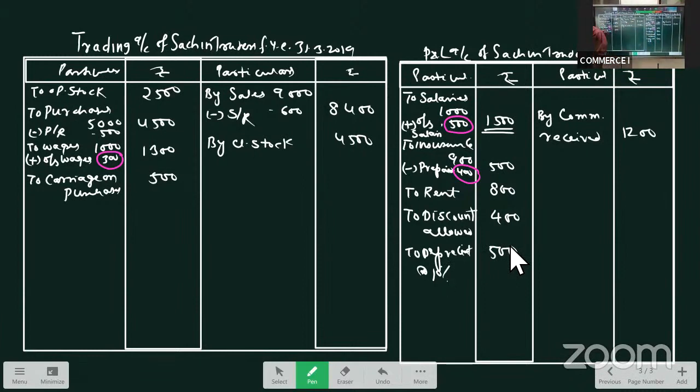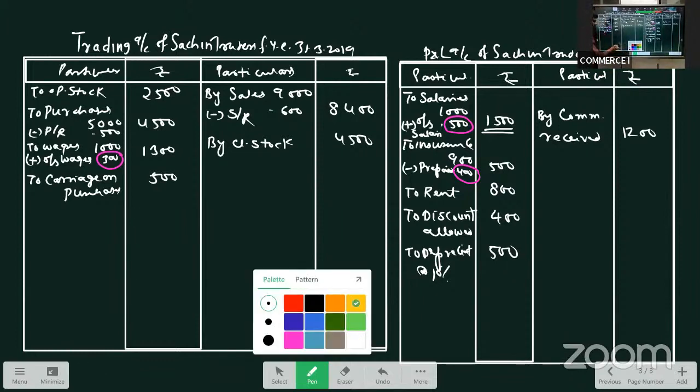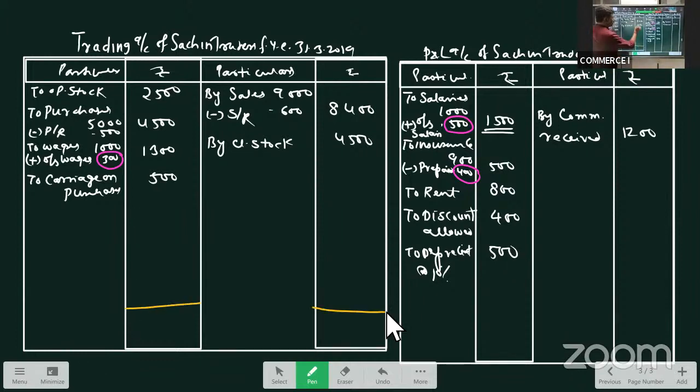Okay, so we have prepared trading account and P&L account successfully by taking all the items given in the trial balance. Now let us close these two accounts and find out what is our gross profit and what is our net profit. See the total, 12,900.